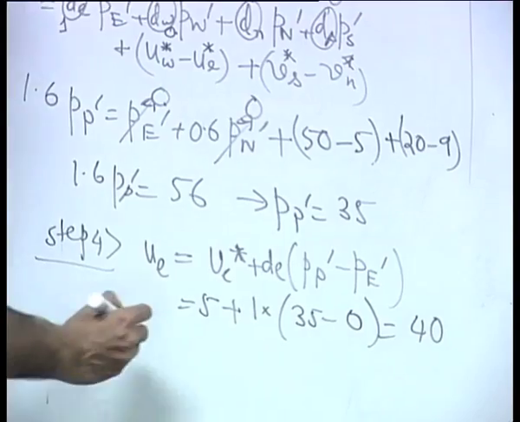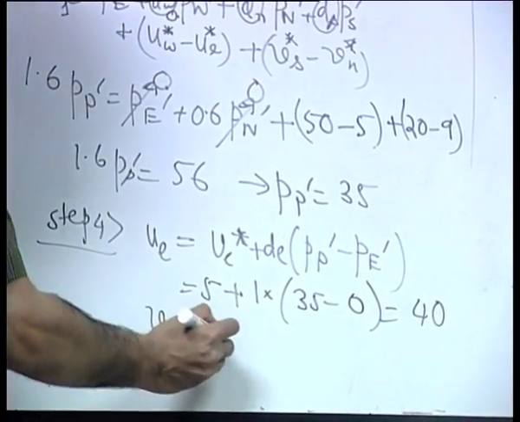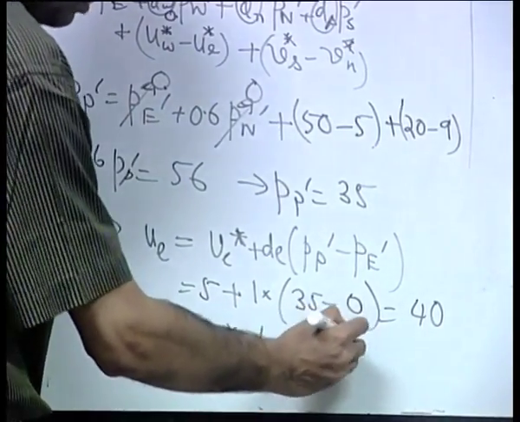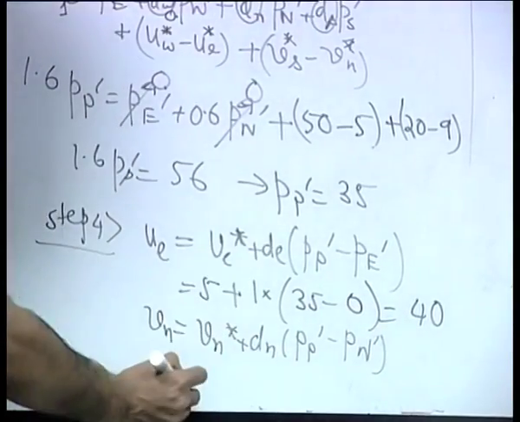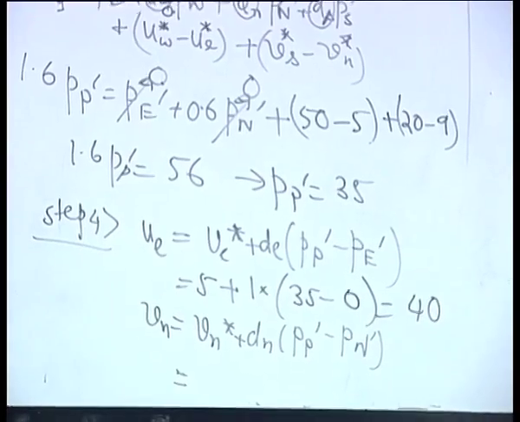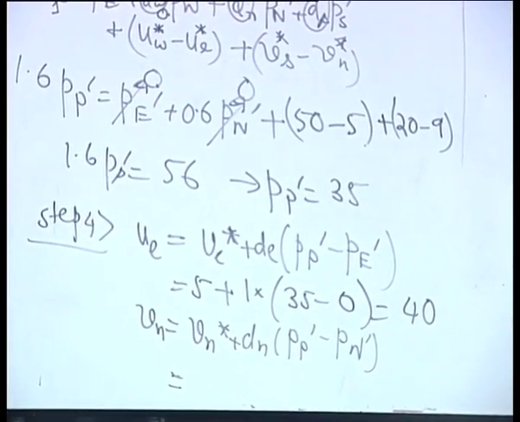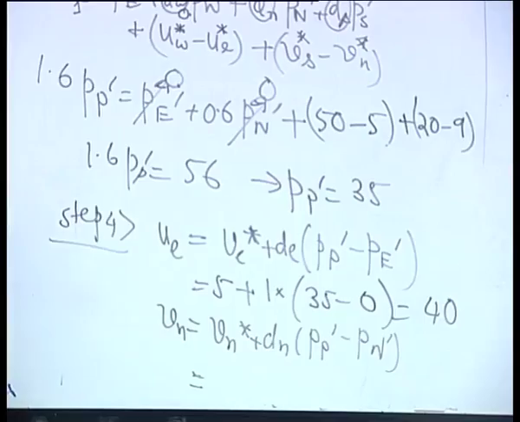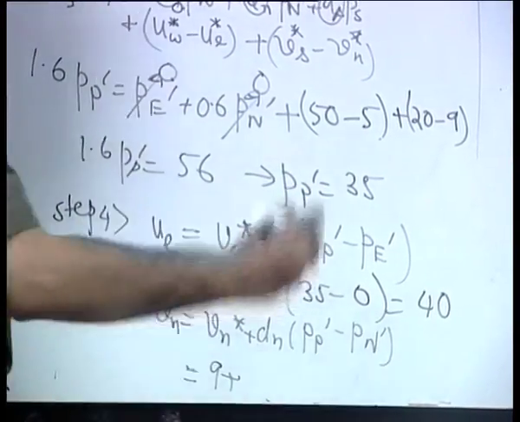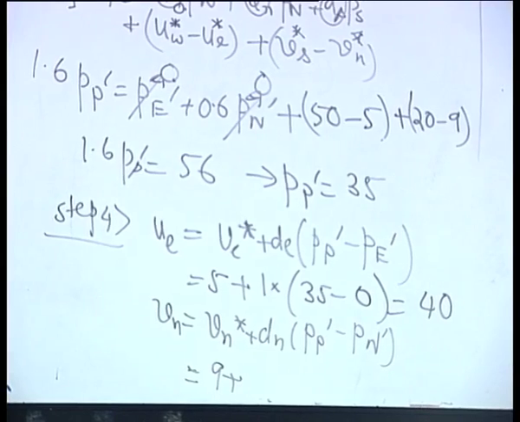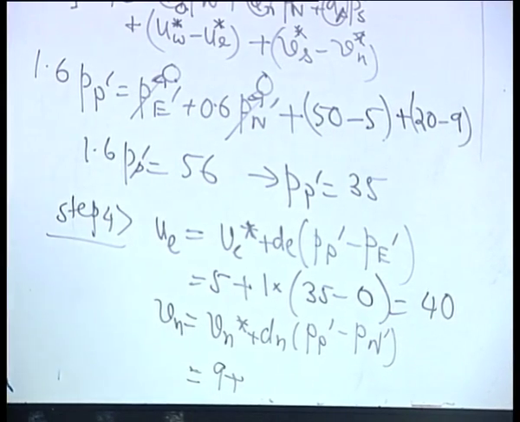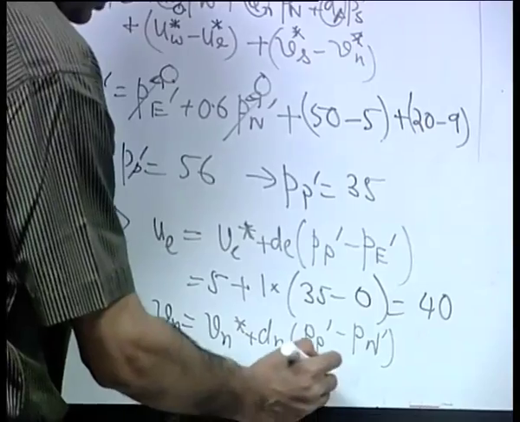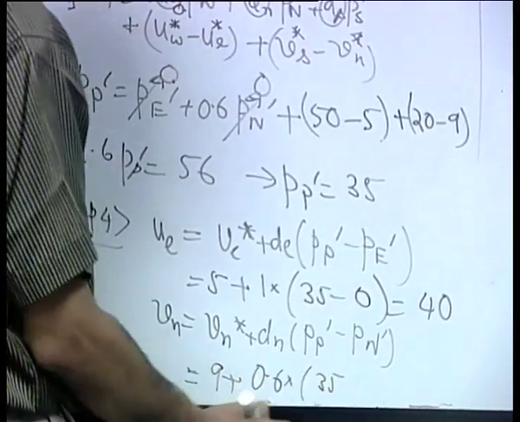Then Vn equal to Vn star plus dN into Pp prime minus Pn prime. So what is Vn star? 9 plus dN 0.6 into 35 minus 0.